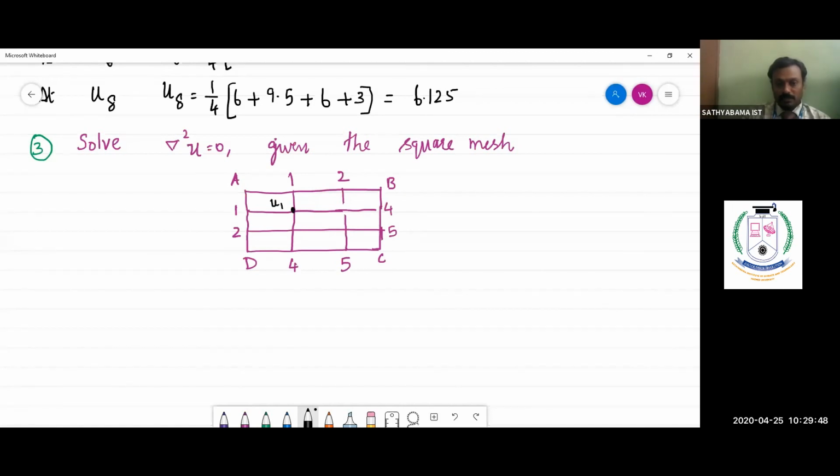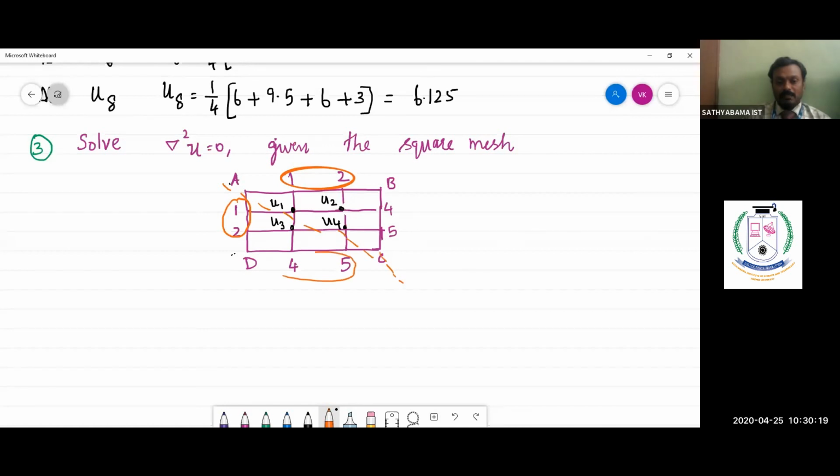U1, U2, U3 and U4. So if you fold the mesh along this line, these boundary values will exactly coincide with these boundary values.